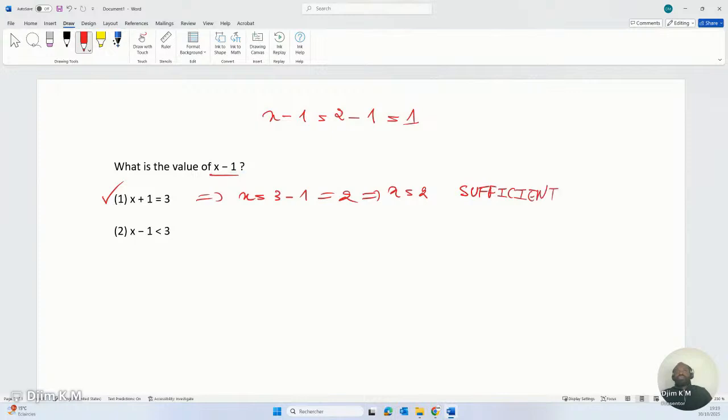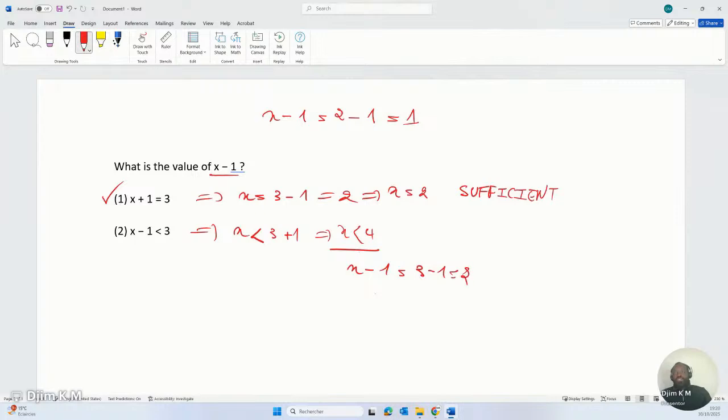So simple question. And with this, x will be less than 3 plus 1. x will be less than 4. Okay, so x less than 4, we can have multiple values of x. So x minus 1 could be 3 minus 1, which is 2.